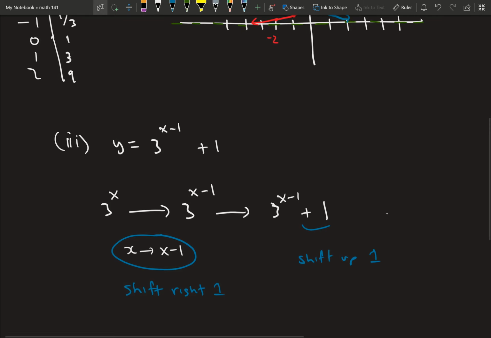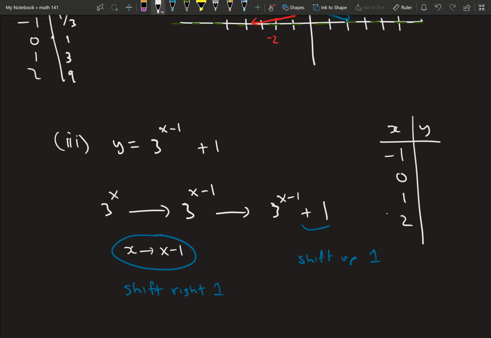So let's just make a few points here, x, y, and see what happens. So let's do -1, 0, 1, and 2. If we have -1, we have 3 to the minus 2 plus 1, this is 1 and a ninth. At 0, we have a third plus 1, which is 4 thirds.